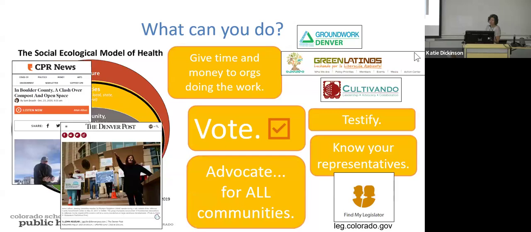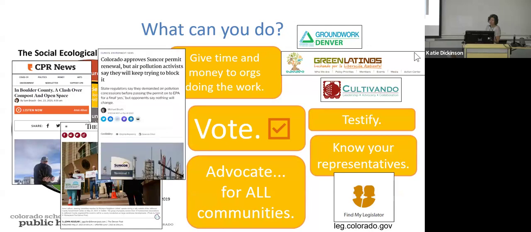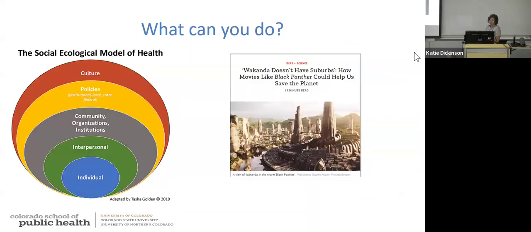We can sometimes, particularly, speaking for communities like the ones that I come from, be really good at getting up and mobilizing and saying, actually, no, we don't want that new compost facility here. Not necessarily as good as following that fight and saying, if we don't want it here and we don't think it's okay for our kids, why do we think it's okay for the kids that live in that neighborhood, right? So following the fight, advocating for all our communities, not just the ones that are right in our backyard.